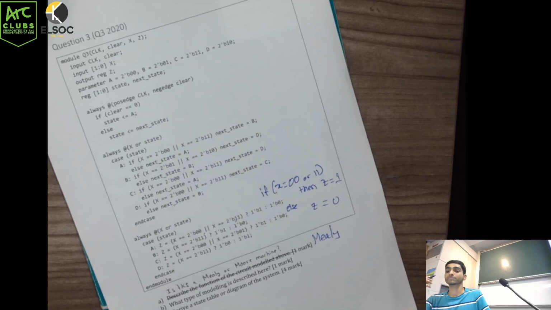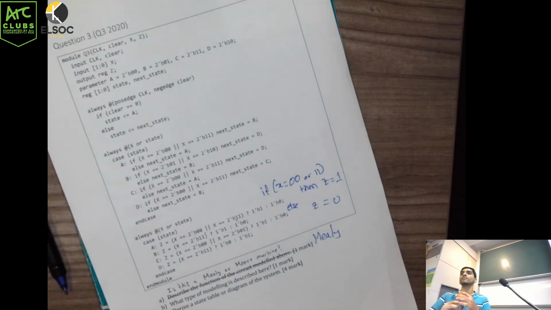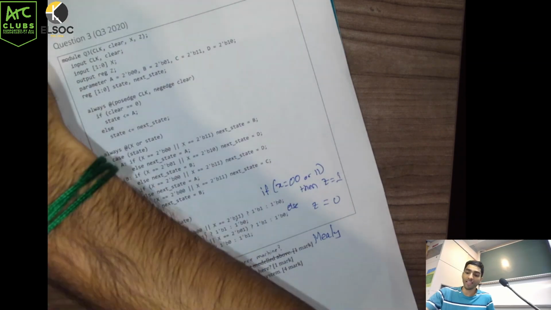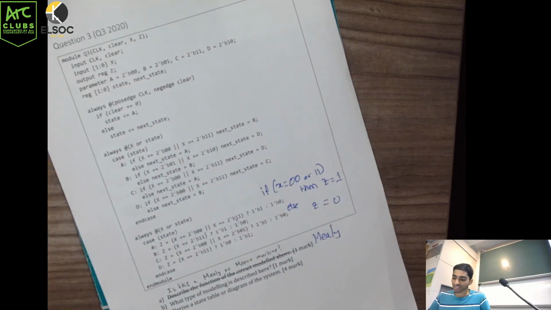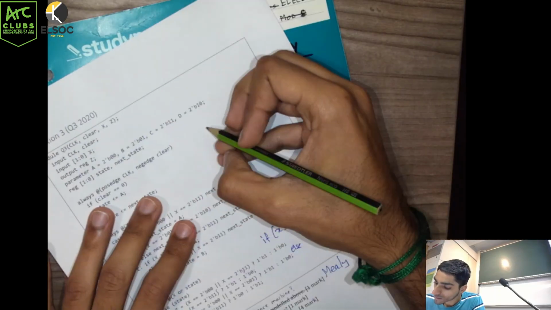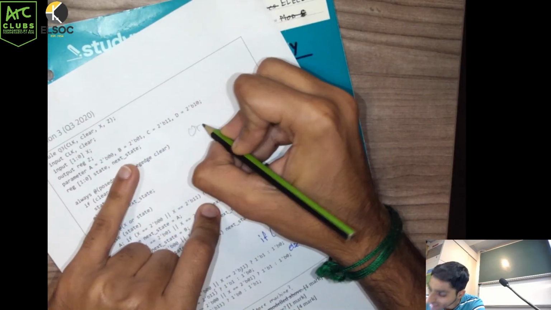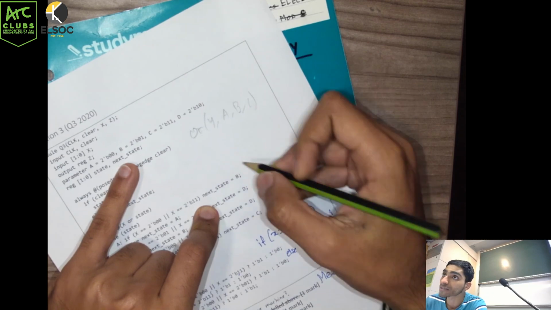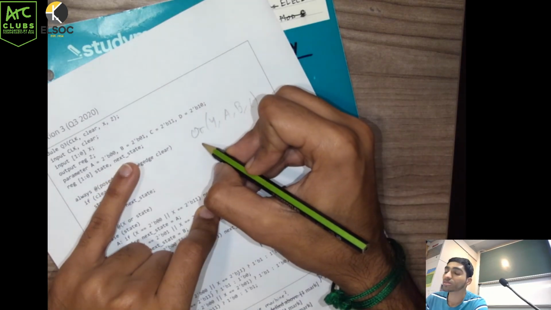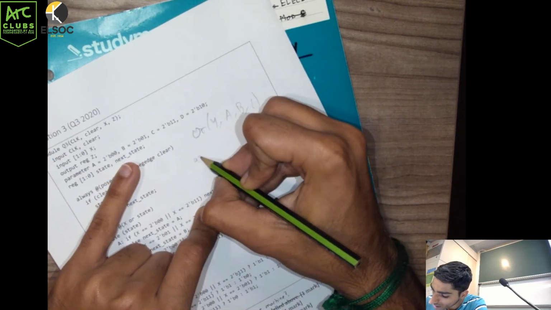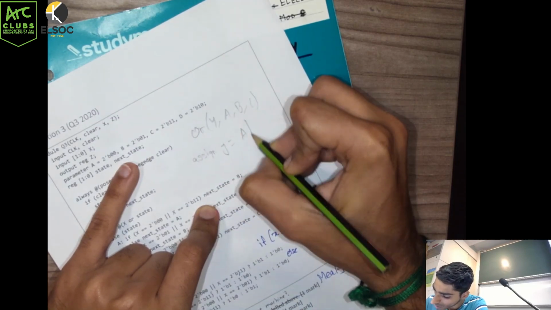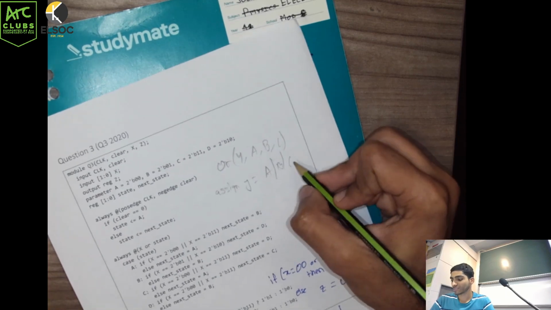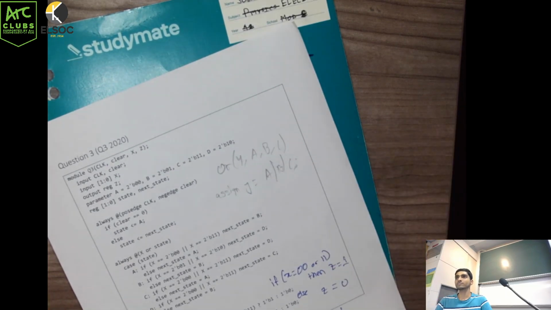Question? What's the difference between behavioral modeling and data flow? I'm not too sure. Data flow uses assign, doesn't it? So they are very, very similar. With structural, I believe you would say it's an OR gate which takes output Y, inputs A, B, C. Whereas in data flow, you would say assign Y equals A or B or C. But if you wanted to do that in behavioral modeling, wouldn't you do the exact same line?